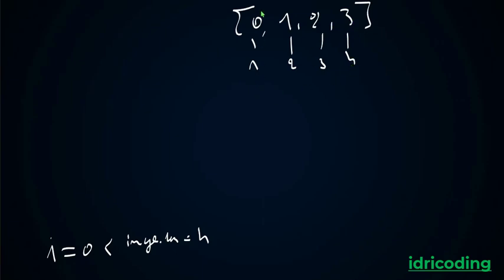Just take into consideration that 0, 1, 2, and 3 are the first picture, the second picture, the third picture, and the fourth picture. So 3 corresponds to 4 in this case. Just note it in your book or something.